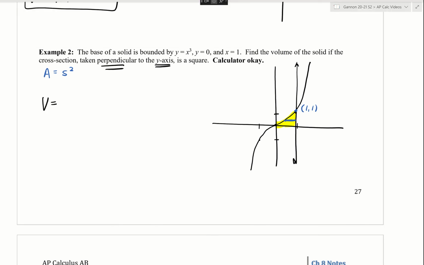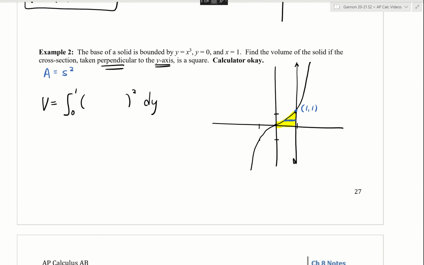So our volume is going to equal the integral from 0 to 1, because those are the y values. The area formula is side squared, and we're going to integrate with respect to y.